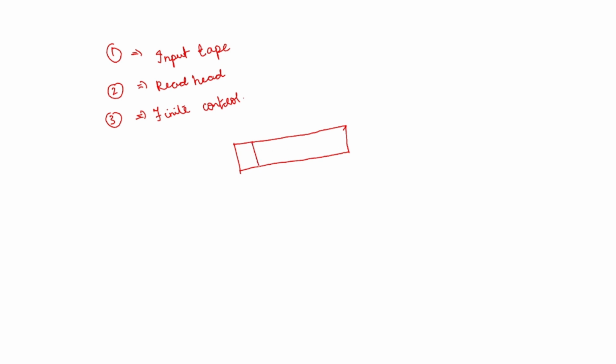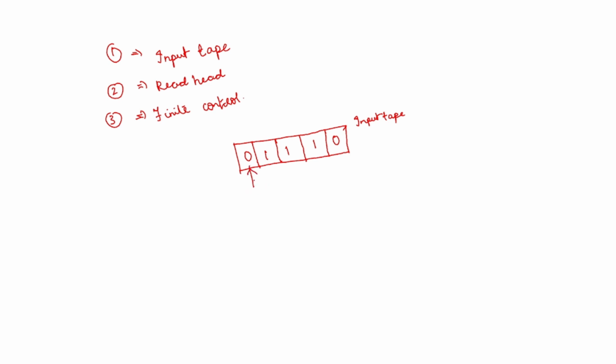So input tape consists of so many cells where each cell is composed to contain one symbol. So for now we'll take our symbols as zeros and ones, and this is our input tape. The second component we have is our read head.